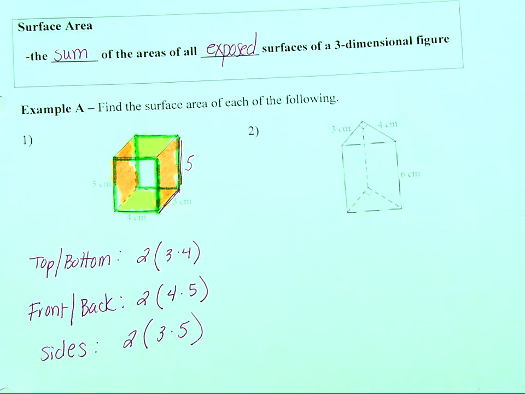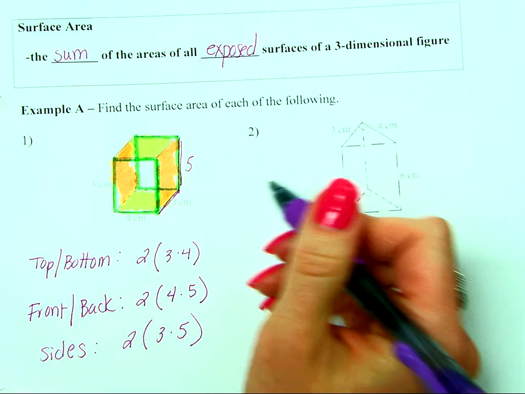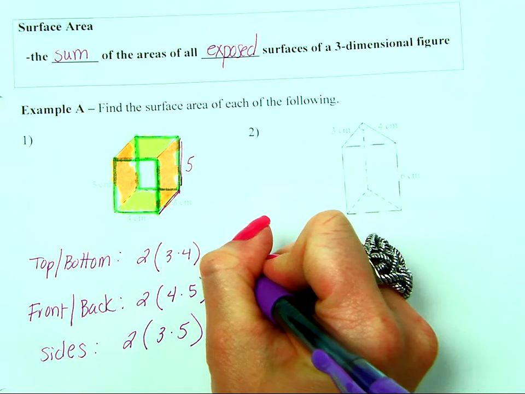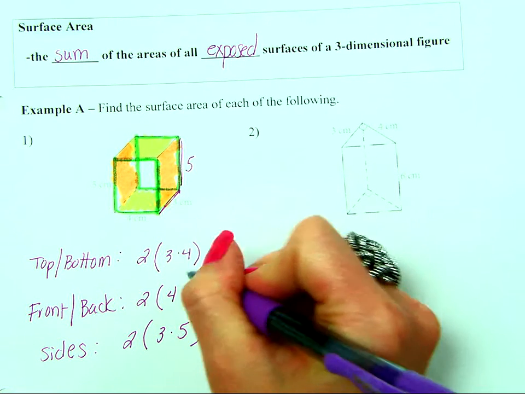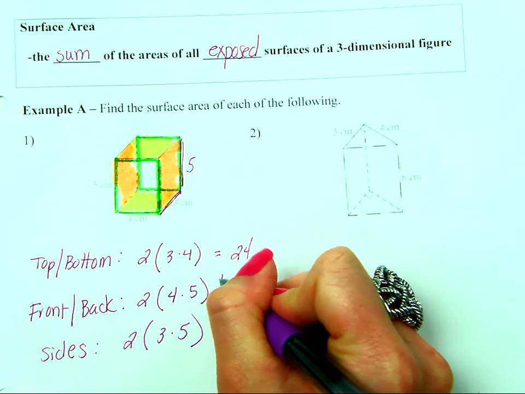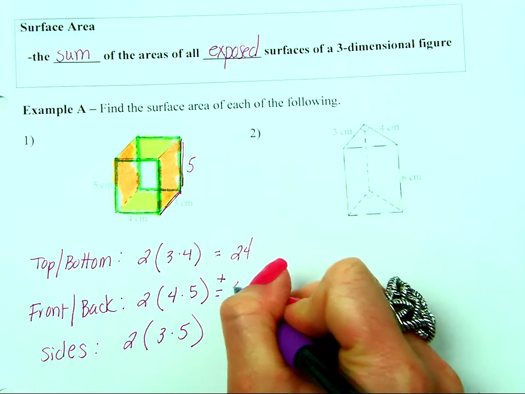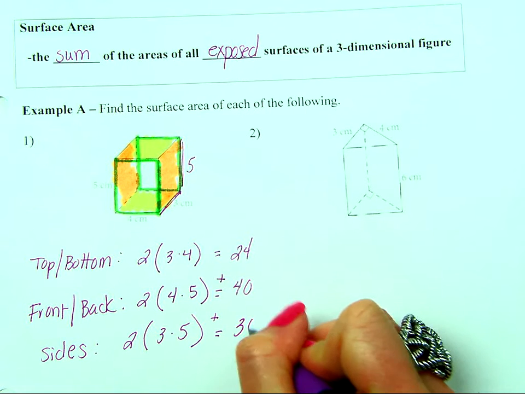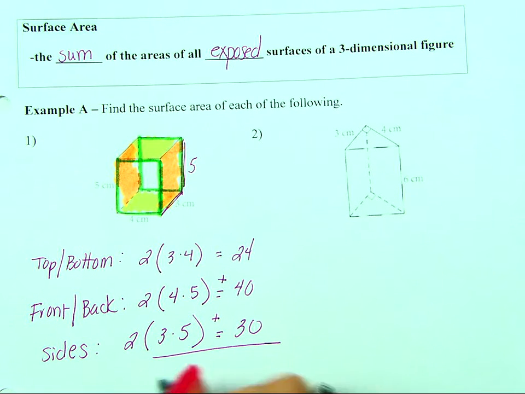In the end, we are really finding these products and we are going to add them together. So I have 2 times 12. I'm going to add that with 2 times 20 and 2 times 15. Find my grand total.